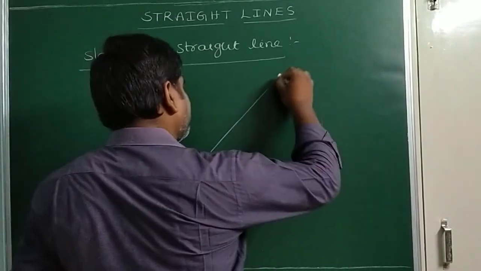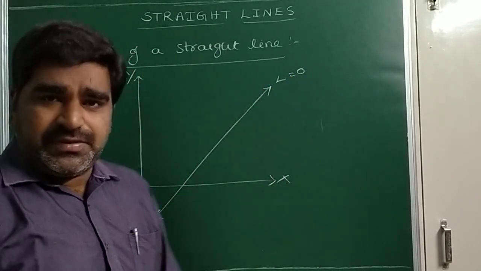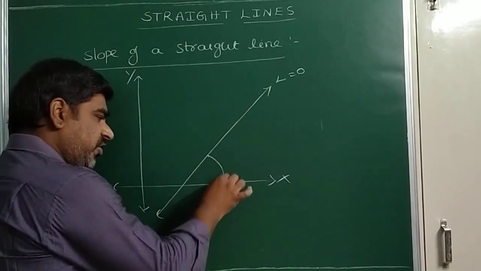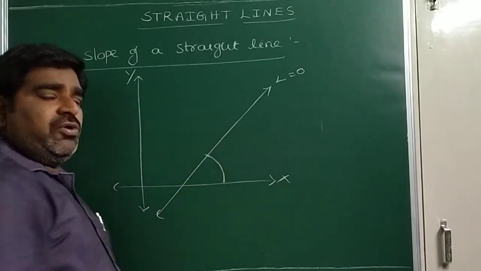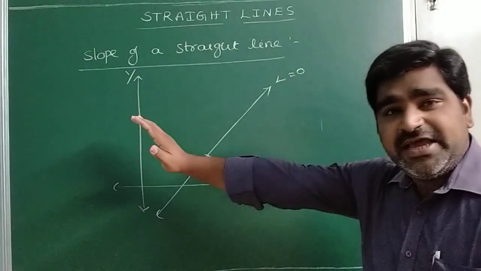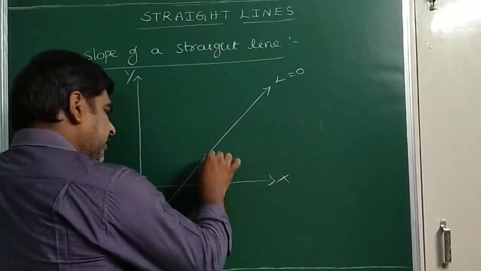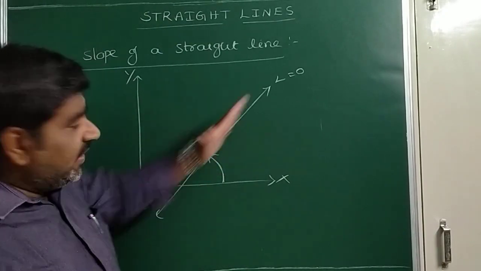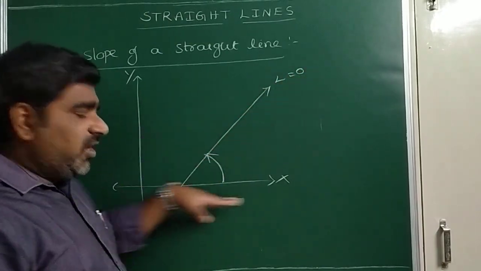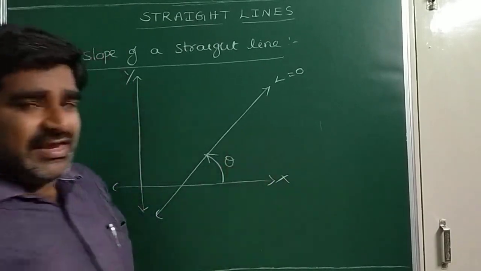A line L equals 0 may be like this. This line makes an angle in the anti-clockwise direction, that is the positive direction, with the x-axis. So this theta is called the inclination.